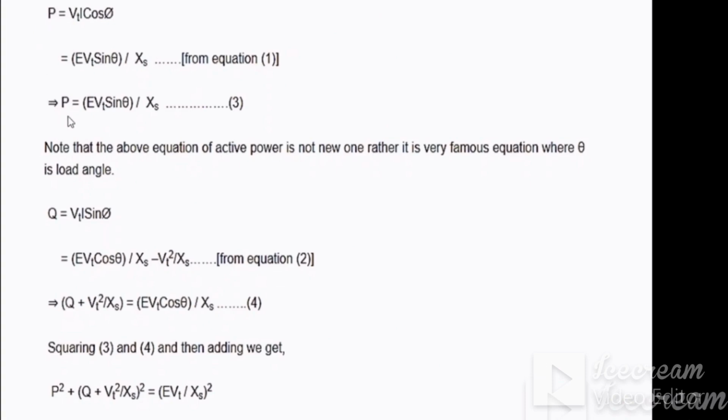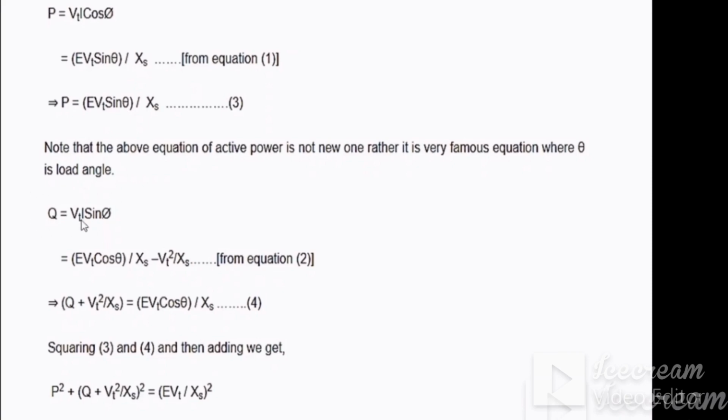And here P is equal to E into Vt sin theta by xs. This can be treated as the third equation. So this active power is the power transfer capability equation, and theta here is the load angle.